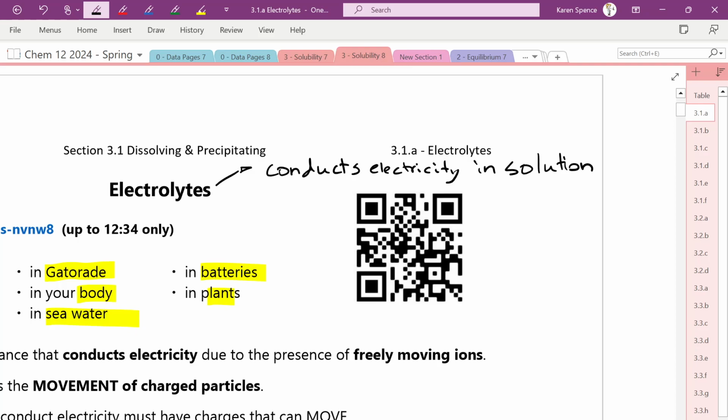Okay? And what has to be present in order for it to conduct electricity in solution? Charges. And what kind of particles provide the charges in solution? In this case, yes, it is ions.